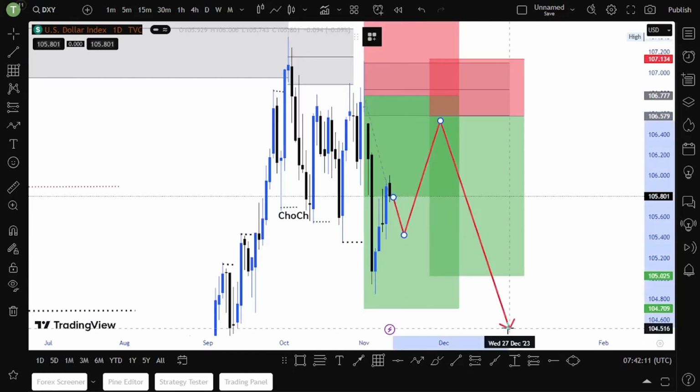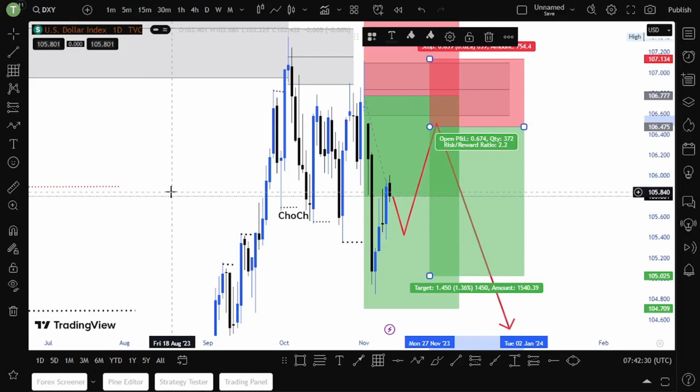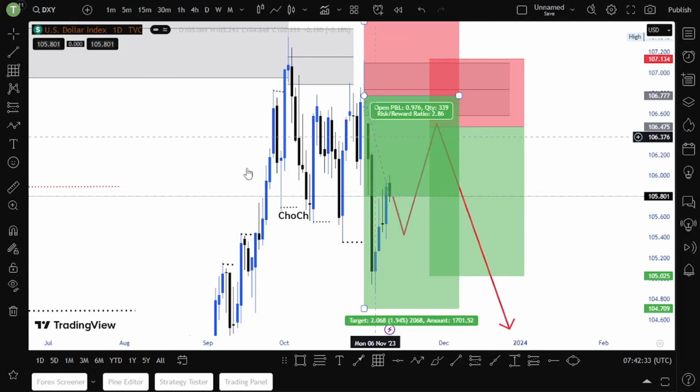That is my view on DXY. As you can see, we are bearish on the DXY. So we are expecting a pullback, and then we sell it at this supply zone, because we have an imbalance that has to be filled somewhere here. So yeah, that is my view on DXY, guys.